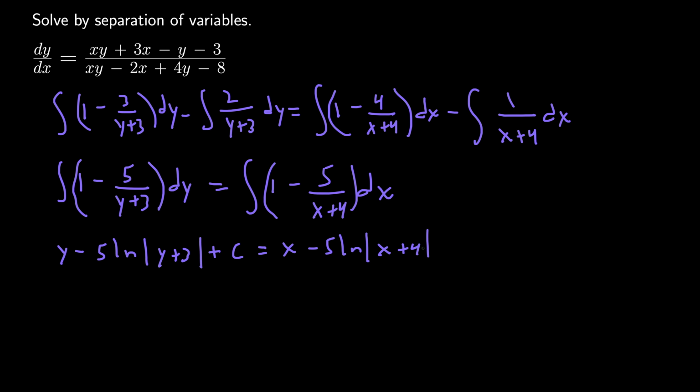So now we have y minus 5 natural log of the absolute value of y plus 3 plus c, which is our integration constant. Then on the right hand side, x minus 5 natural log of the absolute value of x plus 4. So what we're going to do now is move the natural logs all to one side and move all the other terms to the other side.